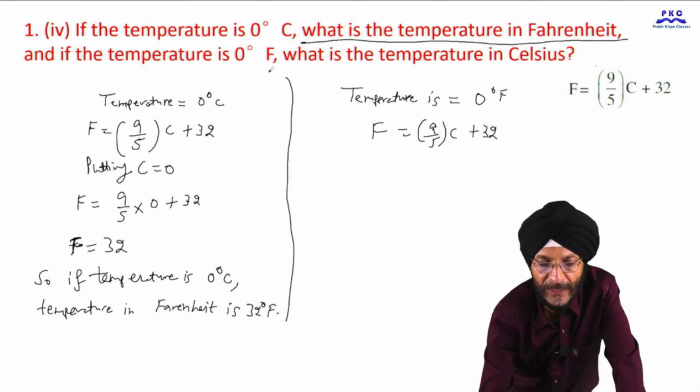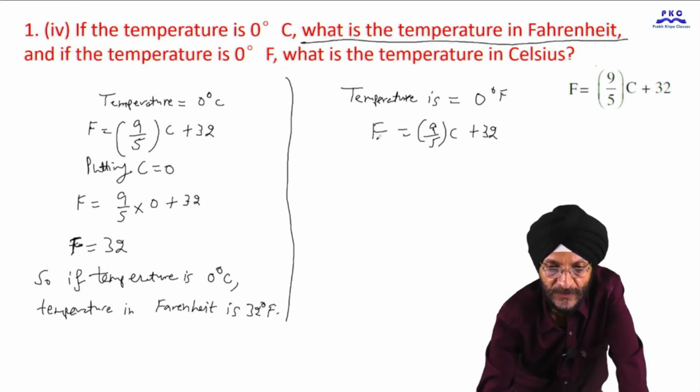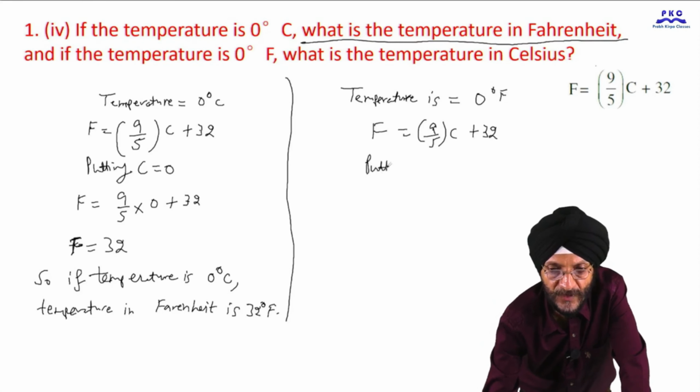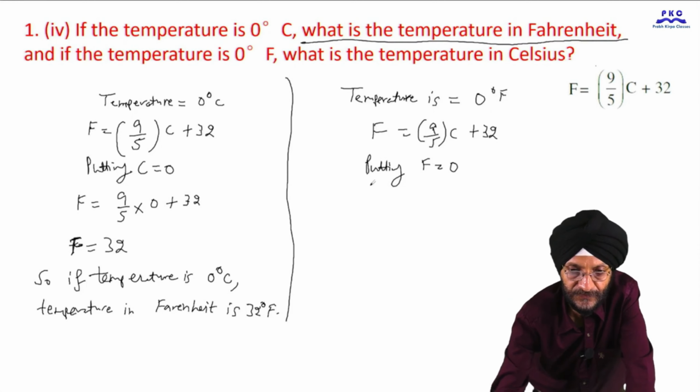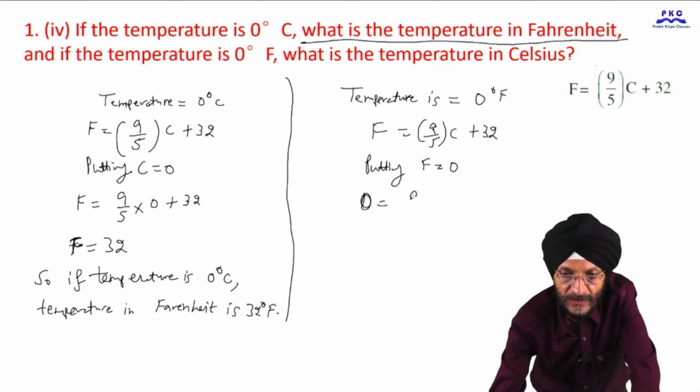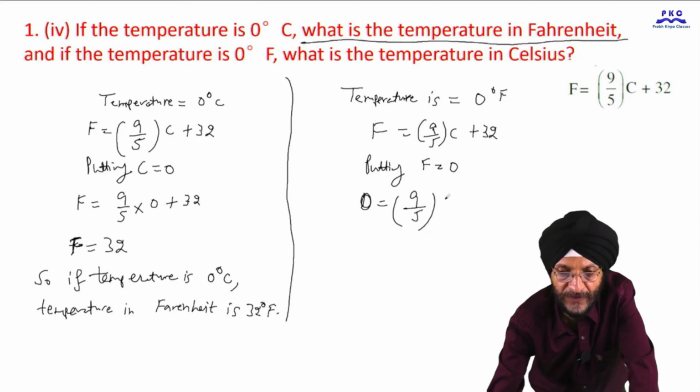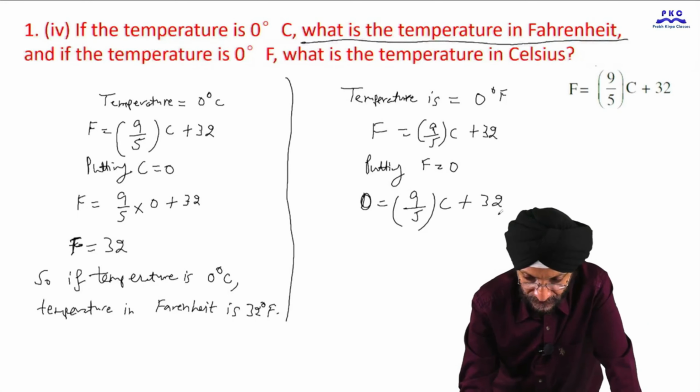Now, if the temperature is 0 degrees Fahrenheit, we will put the value of F as 0. So 0 is equal to 9/5 into C plus 32.